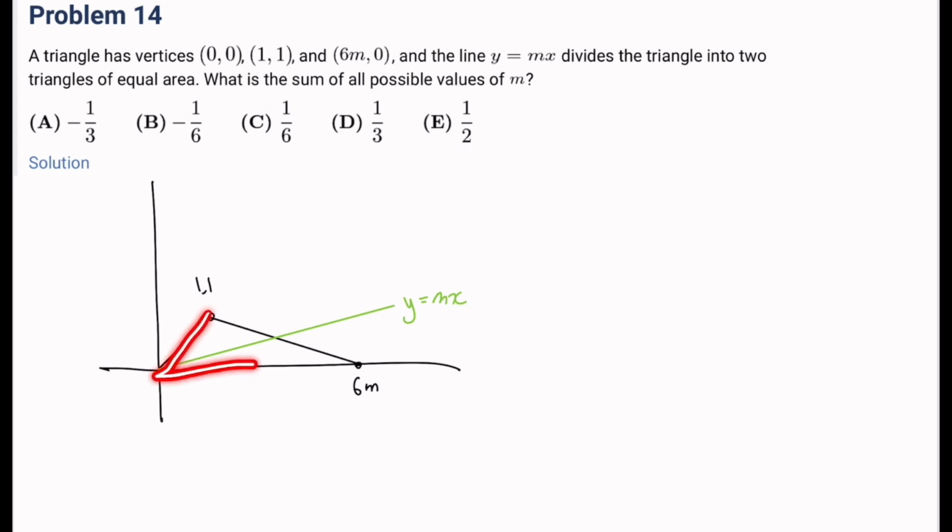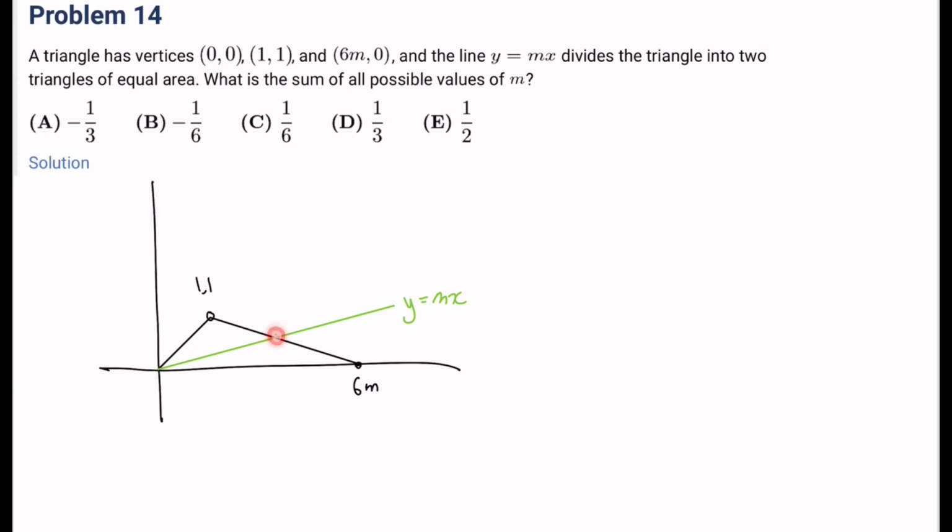If you look at this first triangle that has a base of 6m and a height of 1, if this line divides the triangle into two, that means half of this is equal to this, right? And so this much is half of the whole thing, but it has the same base, right? So this times this is 2 times this times this. That means this length must be half of this length, right?